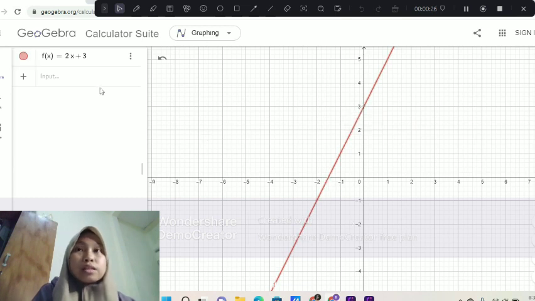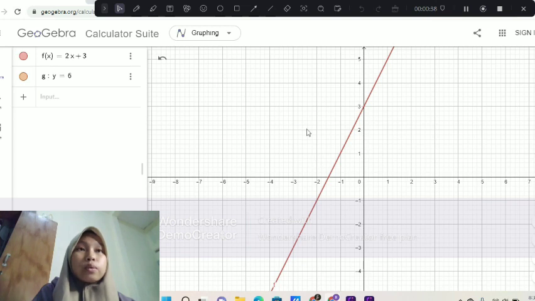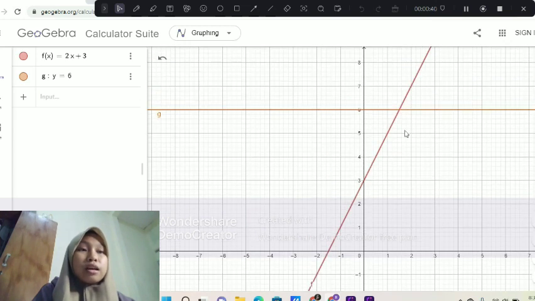To prove whether this function is injective or not, we must check with a horizontal line. So take y = 6. This line intersects the graph of the function at one point.